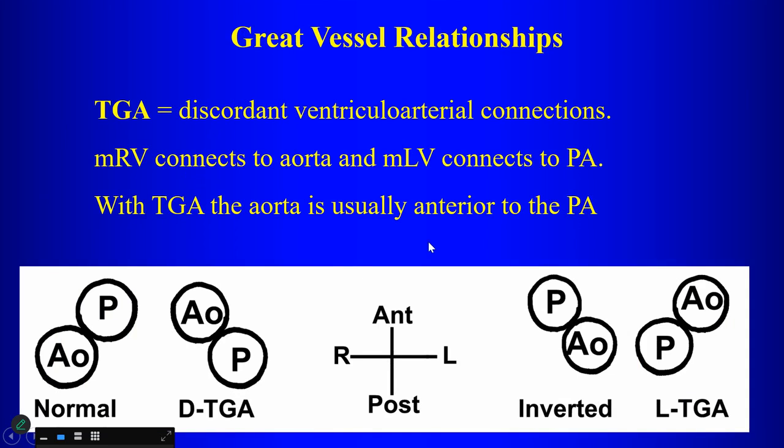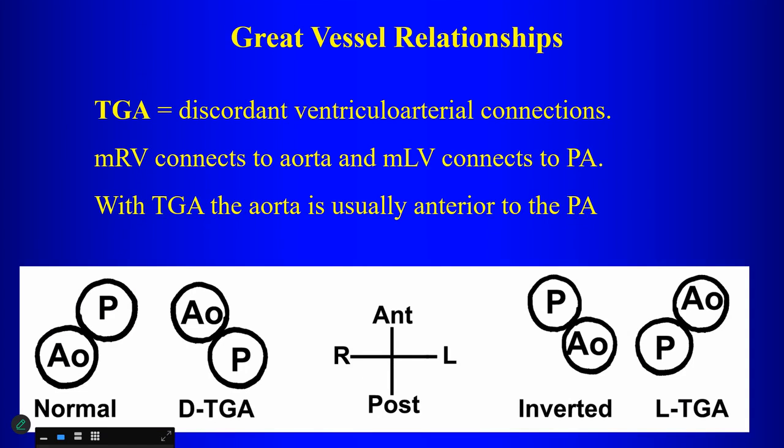Now we need to talk about the great vessel relationships, so these terms. Transposition, right? If we use the word transposition, what does that word mean? It means discordant ventricular arterial connections. Don't think about D, don't think about L, erase that. The word transposition means discordant ventricular arterial connection. What does that mean?